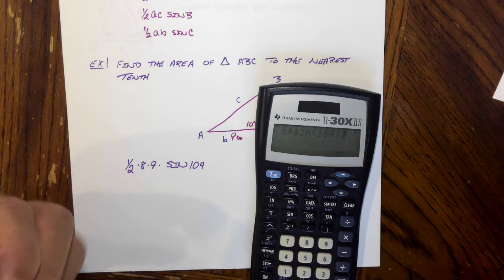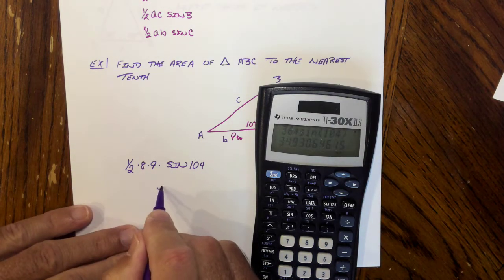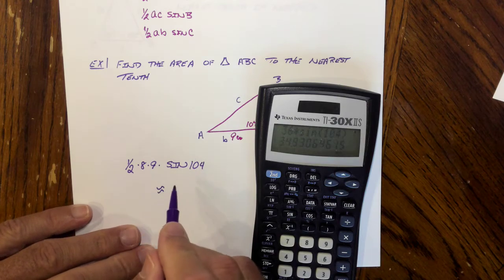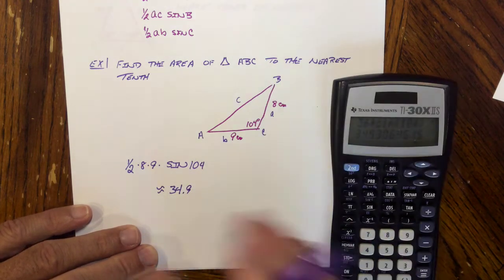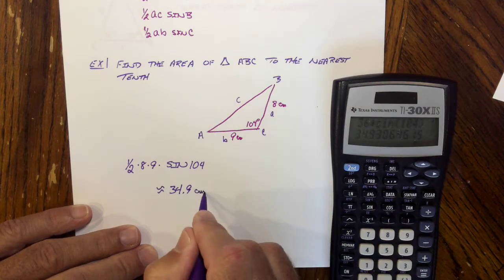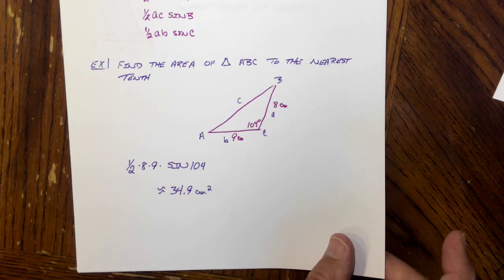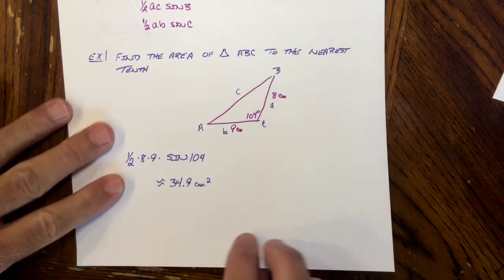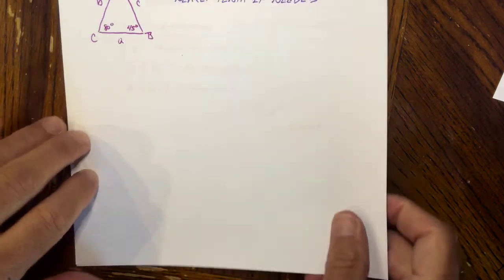I always like to close the parentheses. So roughly 34.9. Labeling counts: centimeters squared. So from here, area, non-right triangles, we get our law of sines formula derived.